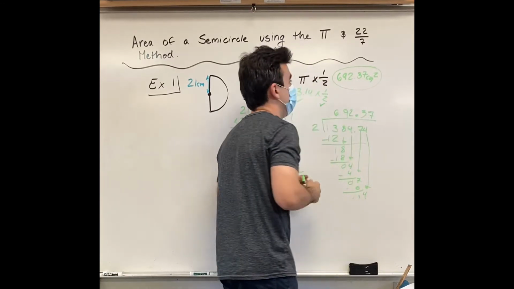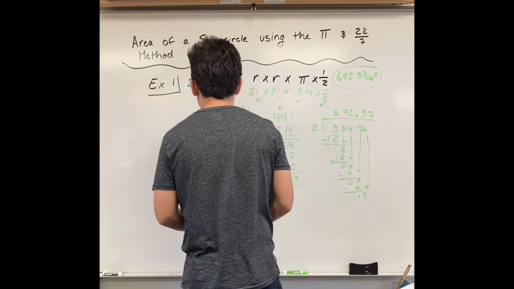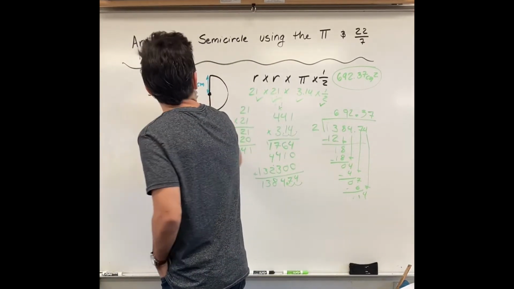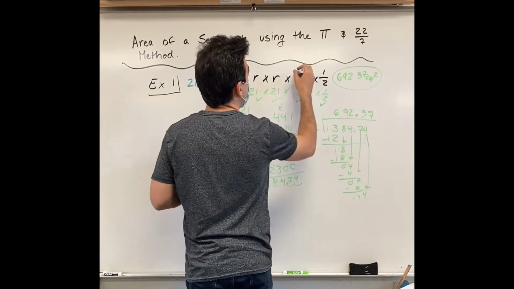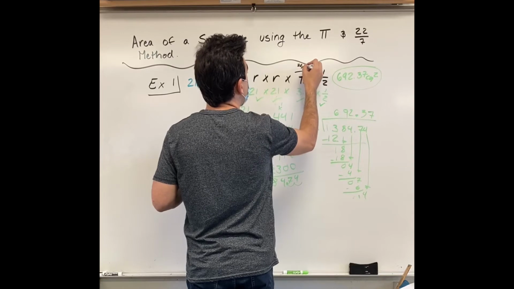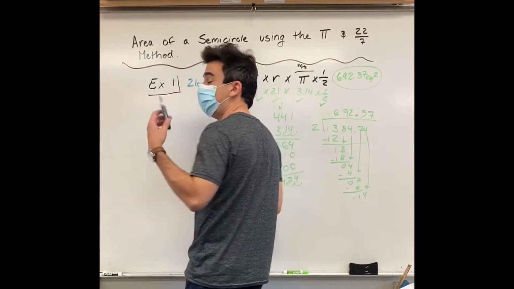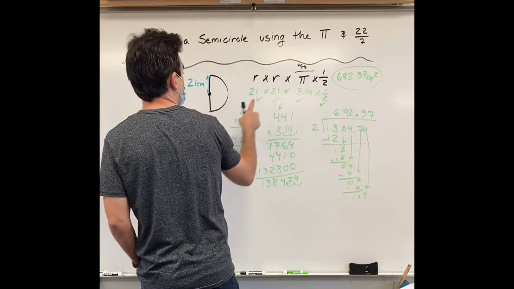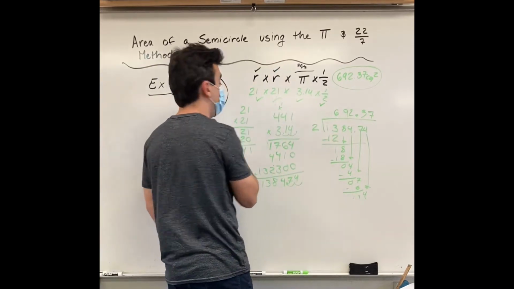All right. Now, let's do the 22/7 method. So now, instead of pi, we're going to be doing 22/7. So we're going to have to make sure we check each time to ensure we do all the steps. So I have 21 times 21. I already know that answer. It's 441.